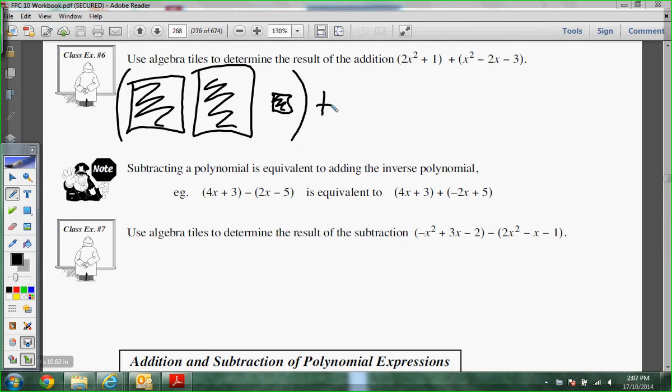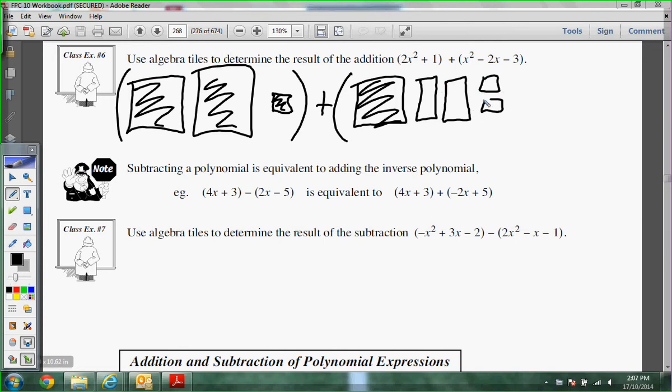Then I would add that to a shaded x squared, 2 x's unshaded, and 3 negative units. The best way is to group. I have 1, 2, 3 x squareds. I don't have any x's, I'm missing 2 x's, so these are done. I have 1 positive, 3 negative. That leaves me with 2 negative.